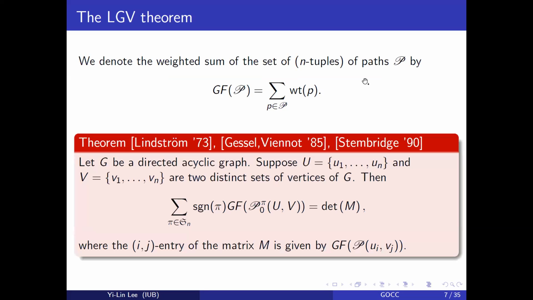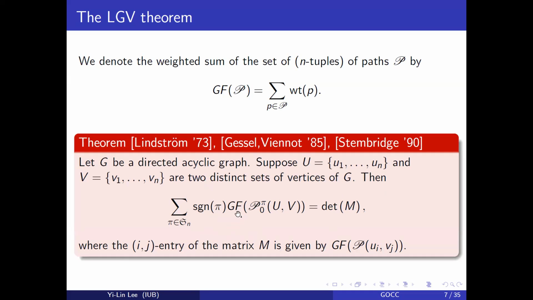And the Lindstrom-Gessel-Viennot theorem works on a directed acyclic graph. If there are two distinct sets of vertices U and V, think of them as a set of starting points and a set of ending points. Then we have this identity.